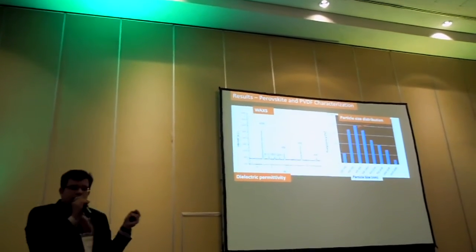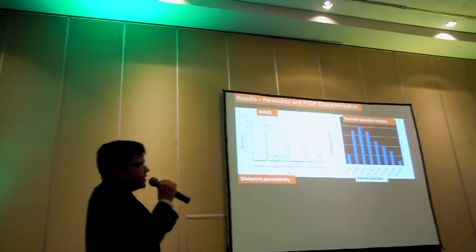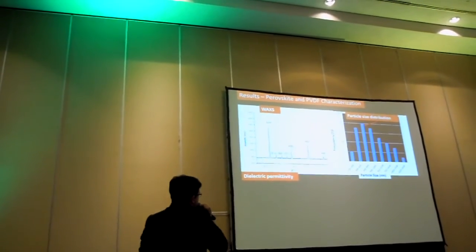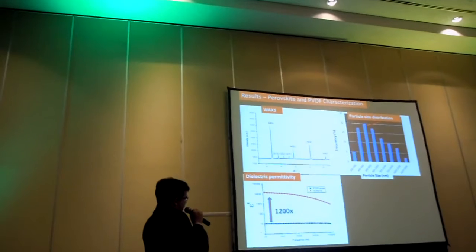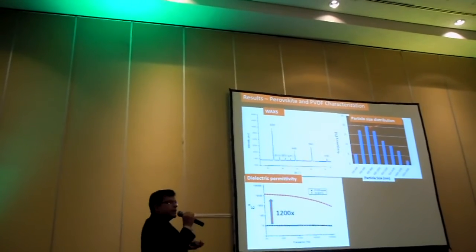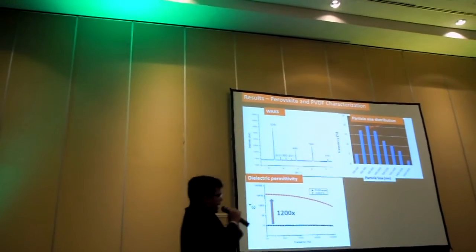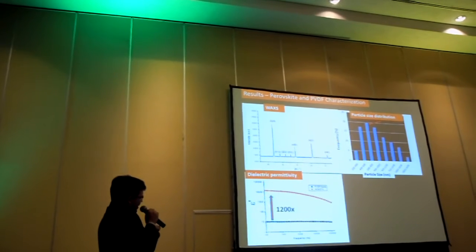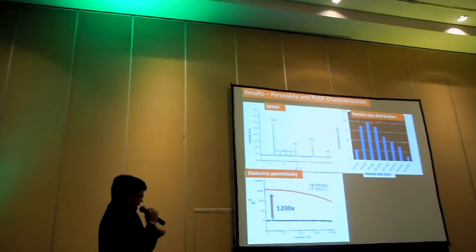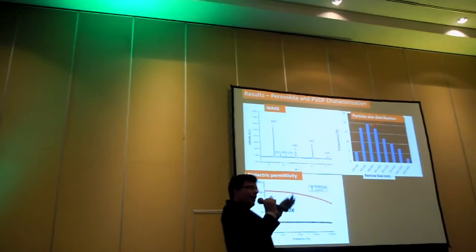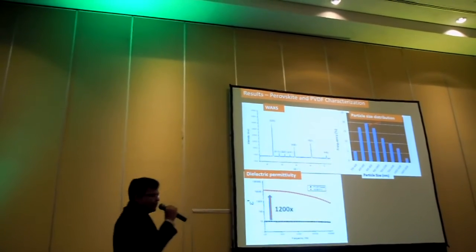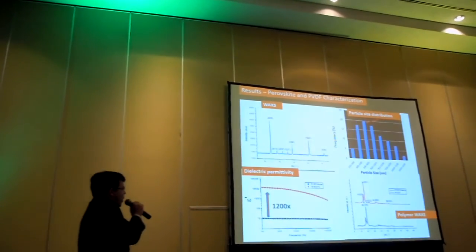And we made the measurement of the real electric permittivity for the pure polymer and for the pure ceramic too. And we observed that the ceramic has a value 1,200 times higher than the value for the polymer.